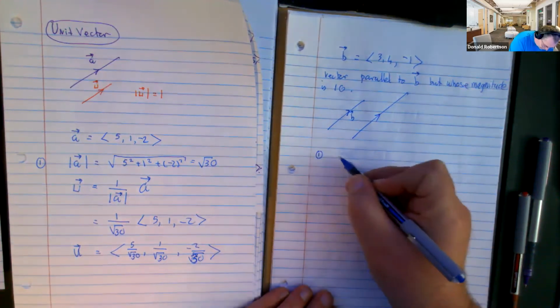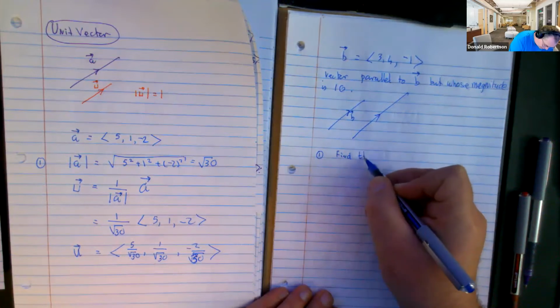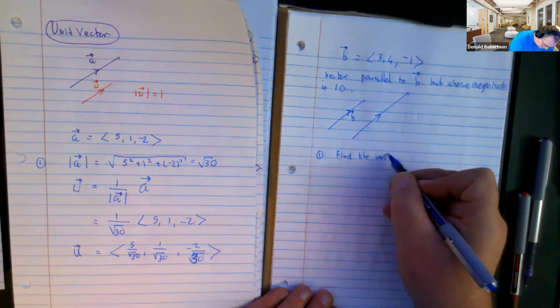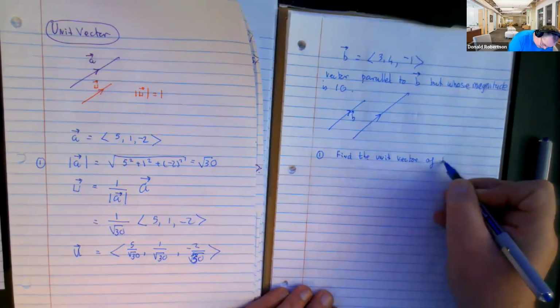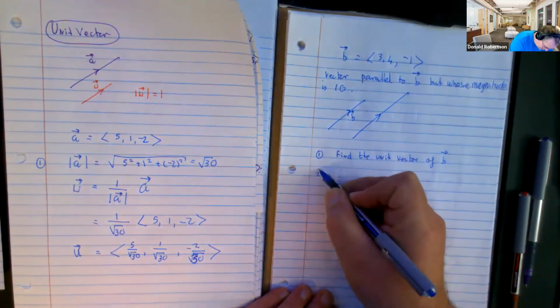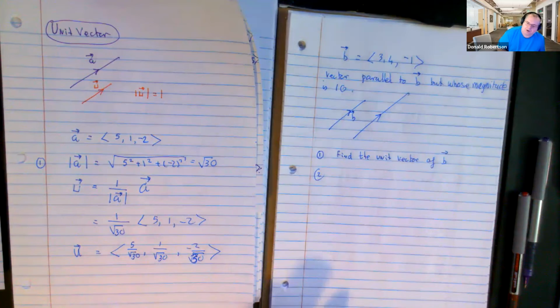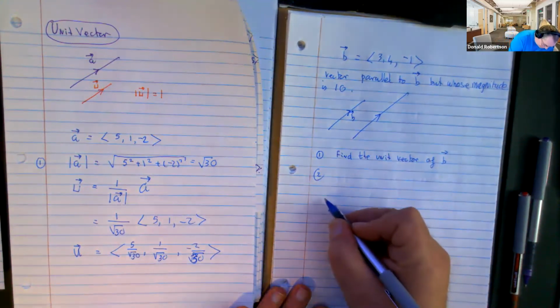First thing you do is find the unit vector of B. And then something else is going to happen, but I'll leave that blank for the time being.